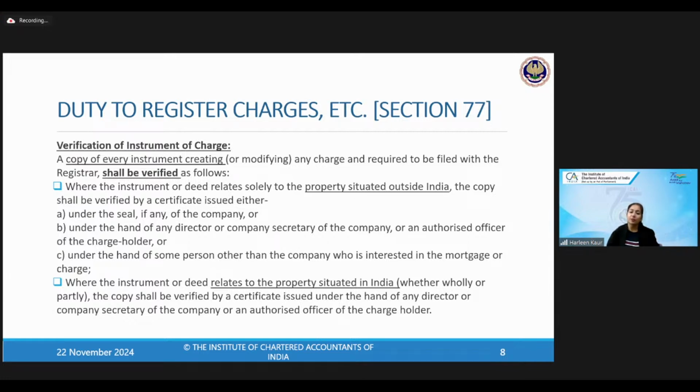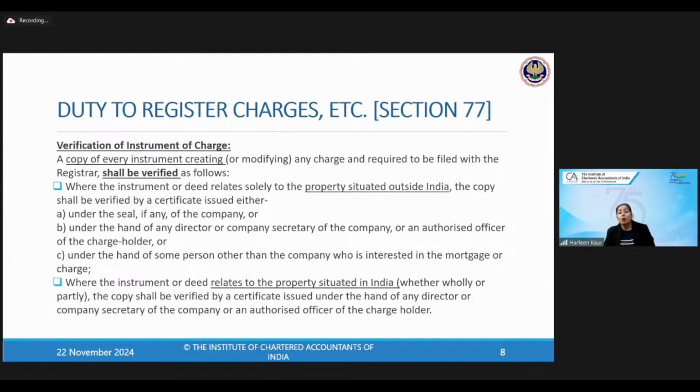So under the hand of some other person means any other person can sign this verification document. You are giving the property of Dubai as a security. How will the ROC come to know? ROC needs a verification of that document. So that verification document can be signed by the director or company secretary or by the company seal itself or any other person other than the company who is interested, not the company which is interested in this charge. Other than that, if any other person has signed, then also it is fine.